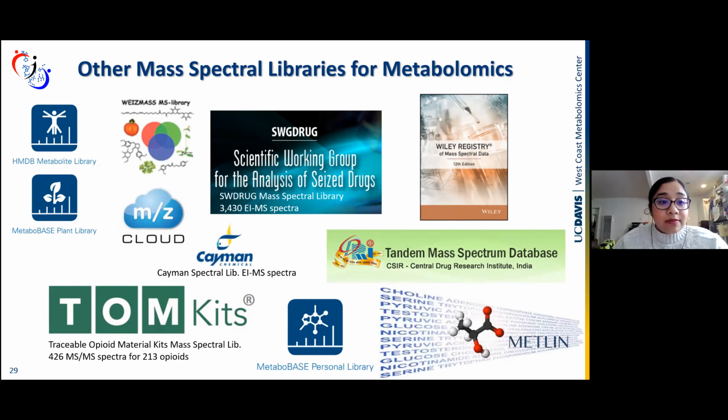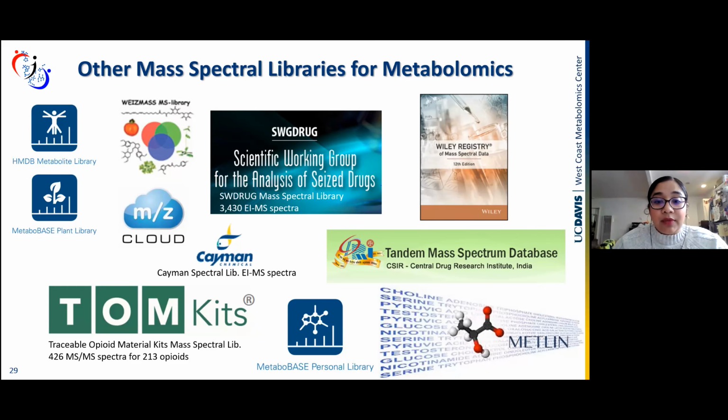There's WiseMass MS library, there's MZ Cloud. I also found this SW drug mass spectral library, which is EI-MS spectra, but still freely available. Wiley Registry is known to have many mass spectral libraries. This is one of the newer ones, the 12th edition, but they have different categories for compound specific libraries. But those are commercial libraries.